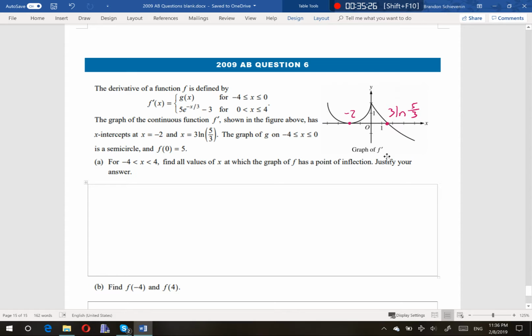This graph is our first derivative. So my second derivative would be the slope of this graph. So the slope of this graph is the second derivative of our original function. Are there any points you see where the slope of our graph of f prime changed from positive to negative or from negative to positive? From negative to positive.